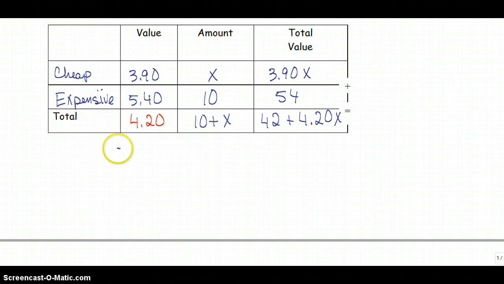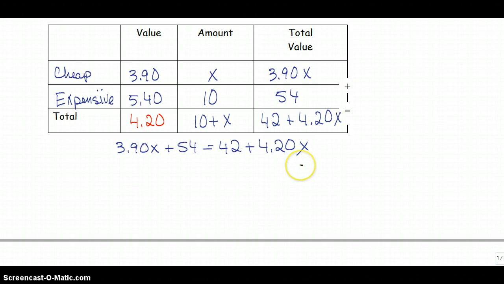So now I have 3.90x plus 54 is equal to 42 plus 4.20x. Now I'm going to combine my like terms, move my variable over to one side, and just solve like I always do. I've got an x here and an x here. I'm going to subtract 3.90x from both sides.